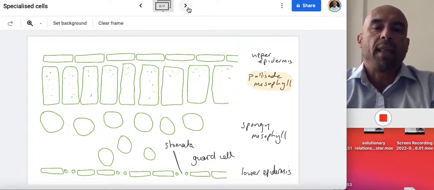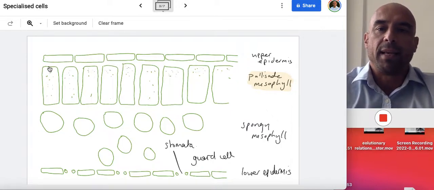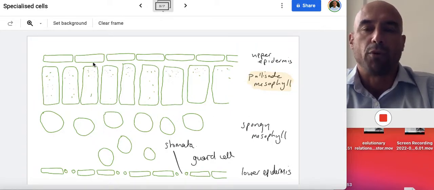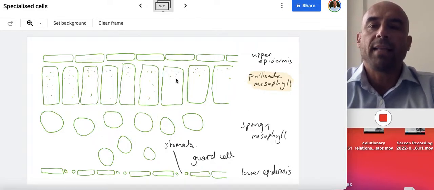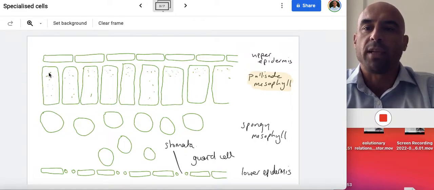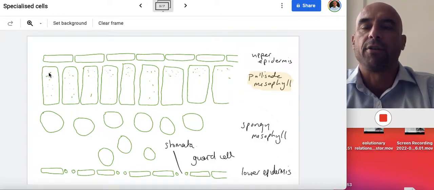The next one is palisade mesophyll cells. The palisade mesophyll cells are found here in the leaf. You'll become familiar with this diagram when we do plant nutrition in a later module. The palisade mesophyll cells are packed full of chloroplasts. These little dots here are represented as chloroplasts. Chloroplasts are the organelles which carry out photosynthesis, so it's got lots of chloroplasts to carry out photosynthesis.